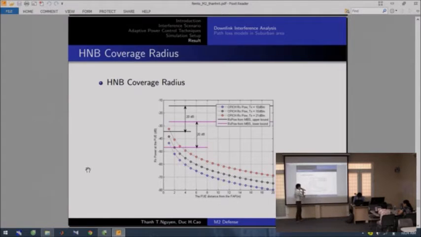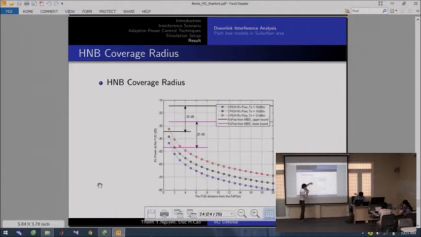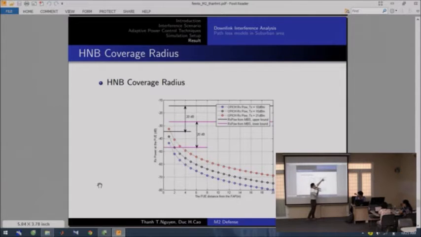So in order for the femtocell user to receive a quality signal from the femtocell, the Ec over Io needs to be less than or equal to minus 20 dB. So with this range, when the femtocell transmits with a power of 21 dBm, its range is only about 3 meters. And when we reduce the transmit power of the femtocell, the range is also reduced.